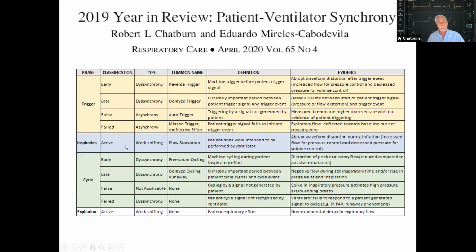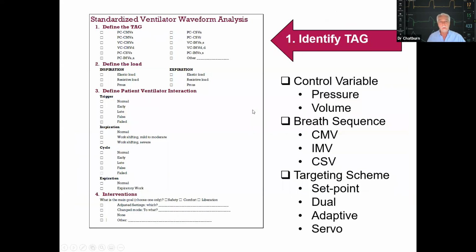In the inspiratory phase, we can talk about work shifting, and also in the expiratory phase, we can see evidence of muscle pressure and work shifting is there as well. And these account for all different kinds of things that we would see, both in terms of dysynchrony and asynchrony and work shifting. And I won't go into all of these names, but we will talk about a few of them here in just a minute.